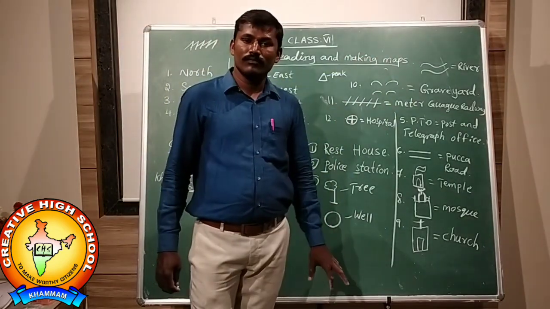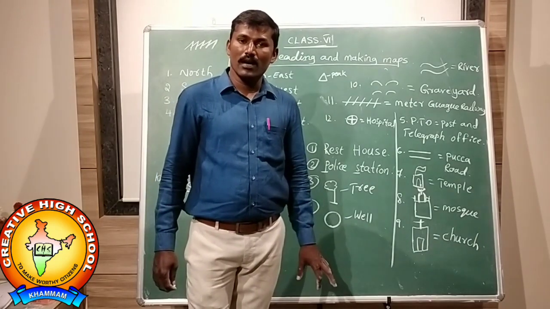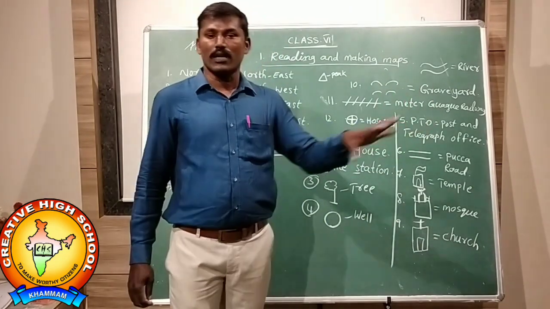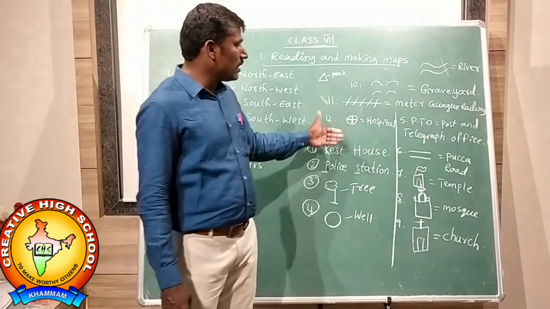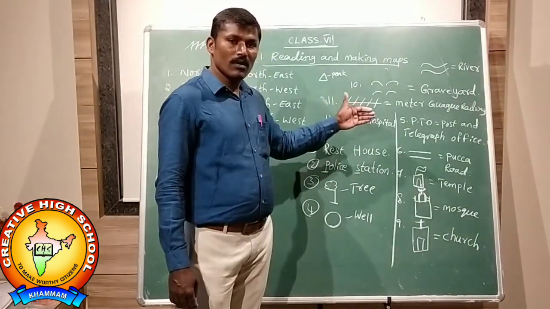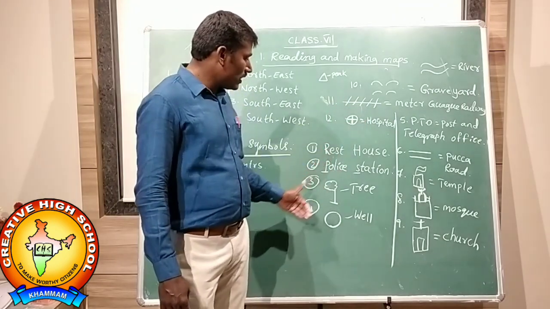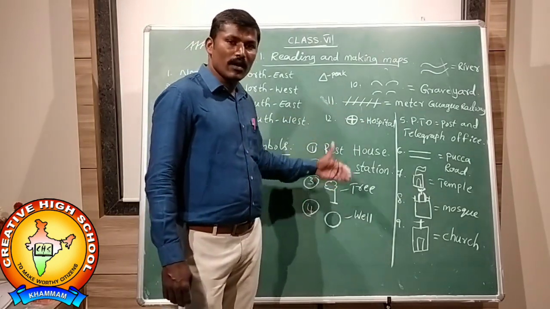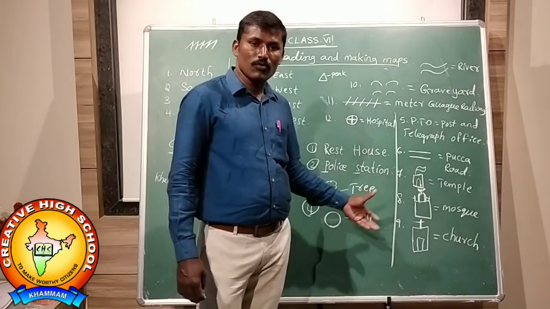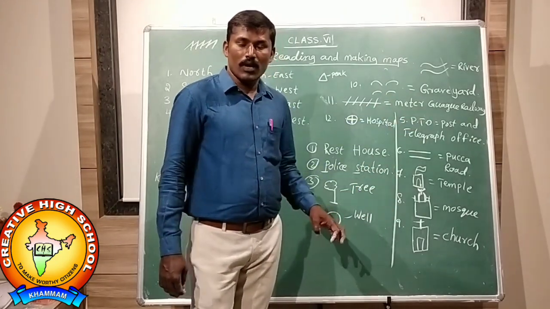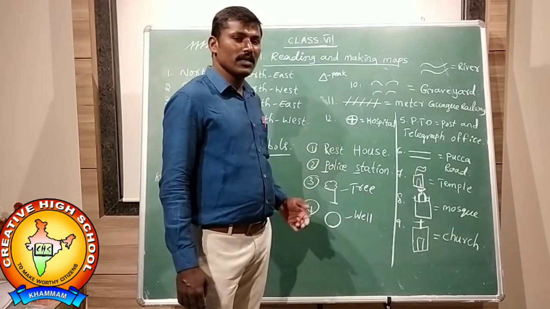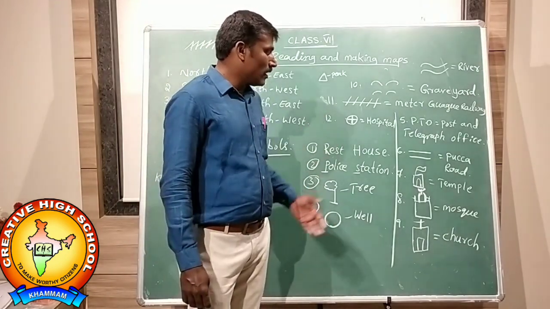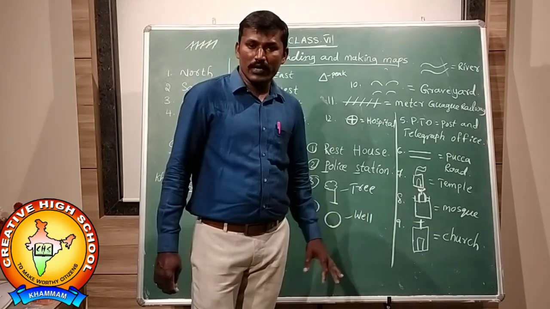And as well as is there any river in your area, where is that river traveling? In your area, north side or east side or west side or south side, where is that river, and where is the police station, where is your hospital located, and where is the temple located.